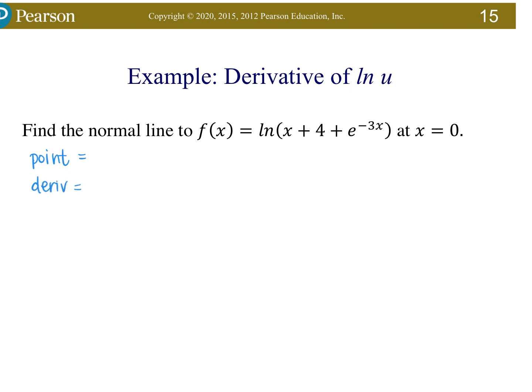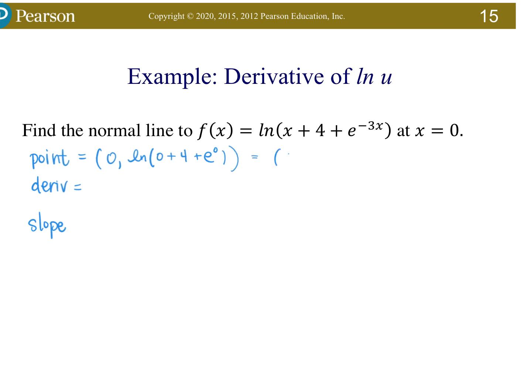And once we have the derivative, we should be able to figure out the slope. So the point is going to be 0, comma, and then 0 plugged into the function. So that would be the natural log of 0 plus 4 plus e to the 0.